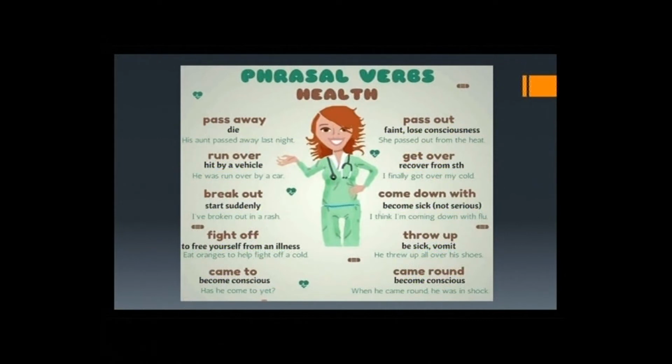But instead of this, you can say, जो तनु महसूस हो रहा है इस तरह vomit, you can say I want to throw up. Came around, become conscious. So came around, came to, the same thing. When he came around, he was in shock, means when he regained his consciousness, he was in shock. So these are some verbs for health.